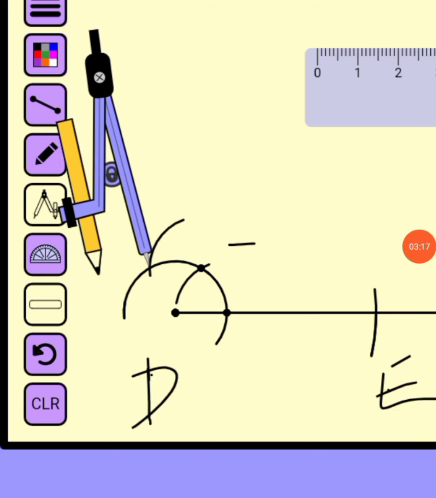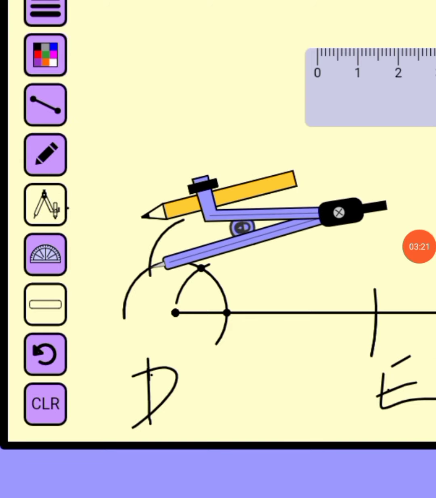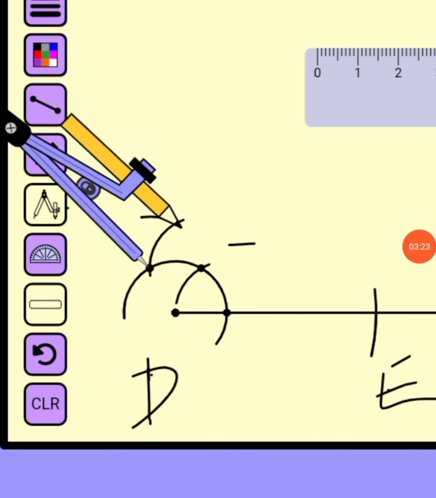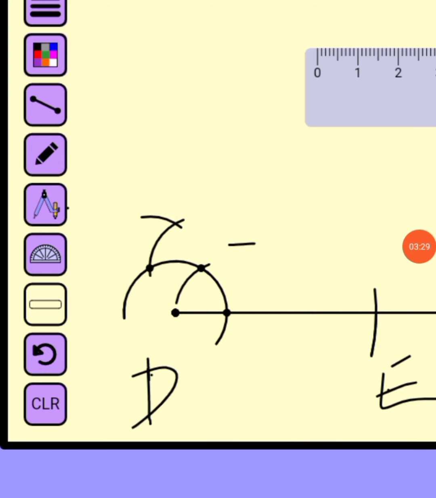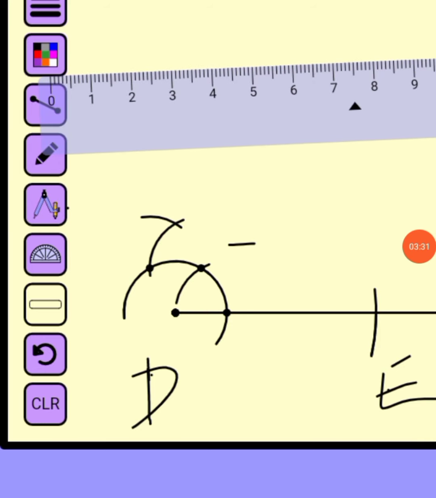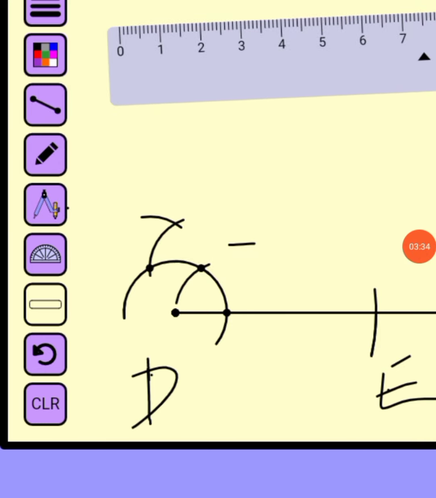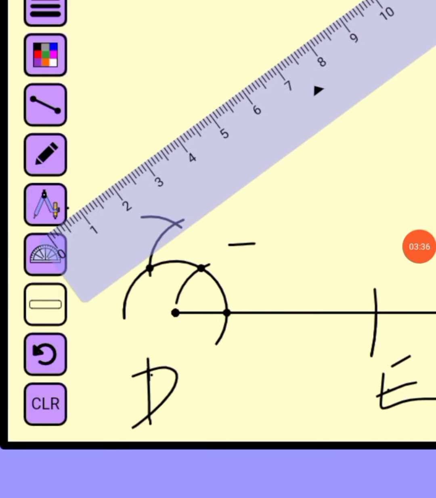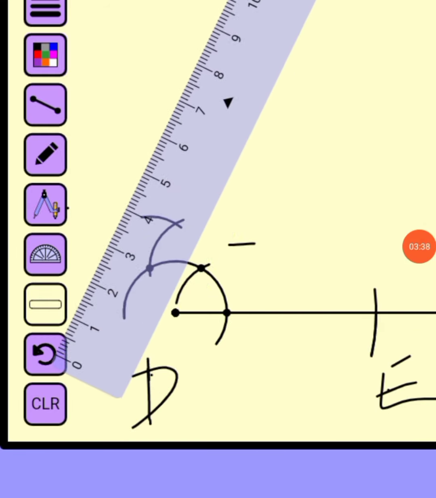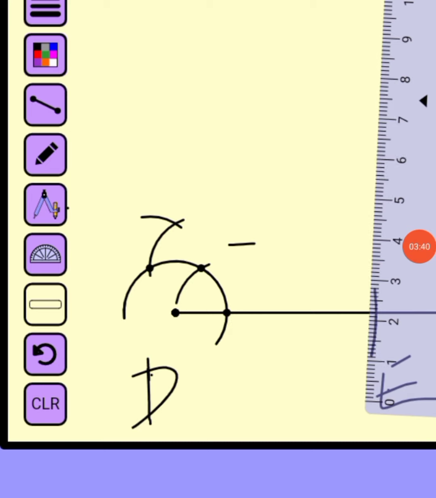Half of 60 is 30, so 60 plus 30 is 90. I've got this as 90 degree. So I can bring my scale and draw this 90 degree line.